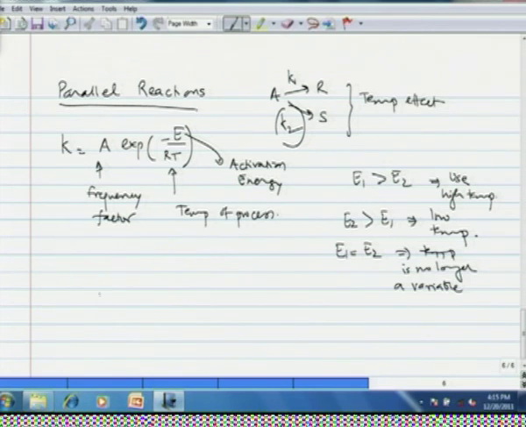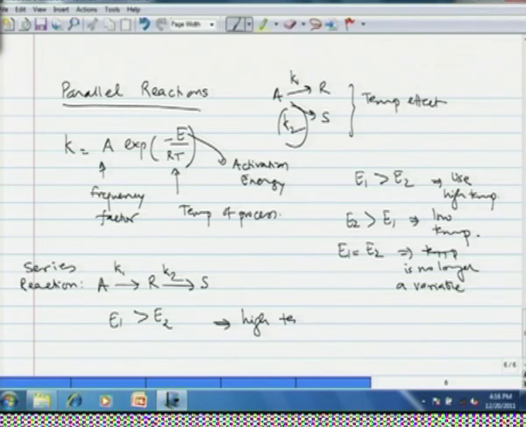Let us say we have series reactions, then how can we use temperature for shifting the equilibrium? If E1 is greater than E2, then we have to use higher temperature at the initial stage of the reaction, that will favor conversion of A to R, but lower temperature in the later stage of the reaction, which will suppress conversion of R to S. That point we note.